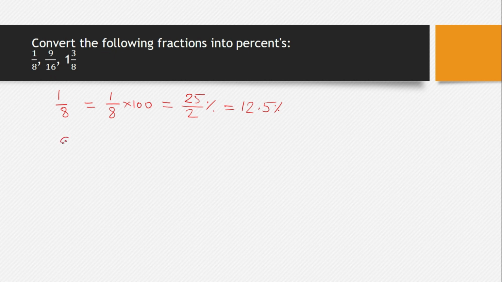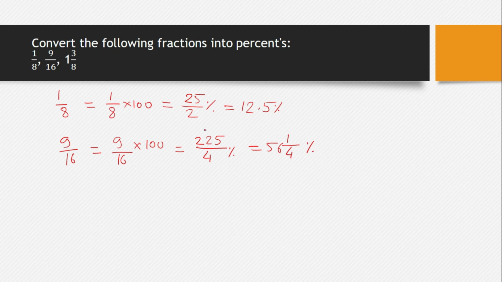So 9 by 16 can be written as 9 by 16 into 100 equal to, if you reduce it, we can get 225 by 4% or 56 whole 1 by 4%.